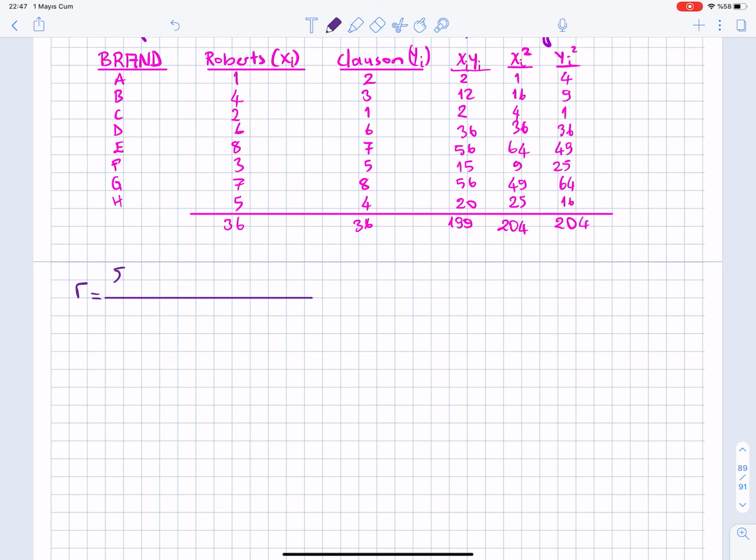This was the sum of xi yi minus the sum of xi times the sum of yi, divided by n.